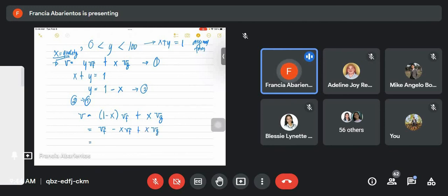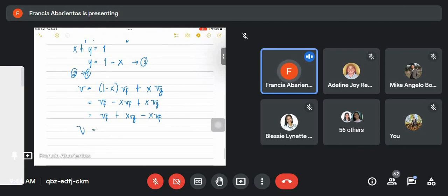So, arranging this, class, we have specific volume at saturated liquid minus X VF. So, we have now the specific volume equal to the saturated liquid specific volume plus X times the quantity: specific volume at the saturated vapor minus specific volume at the saturated liquid.